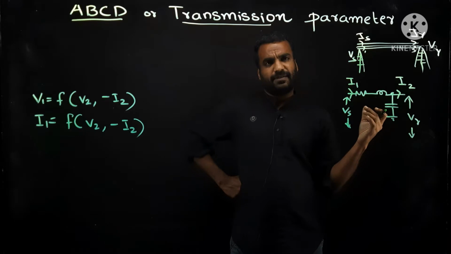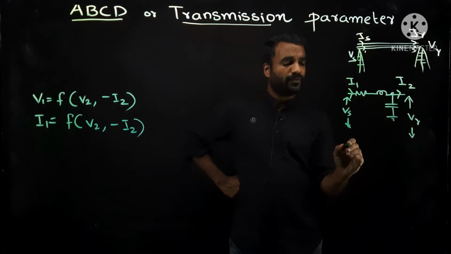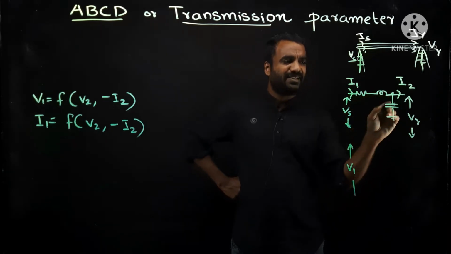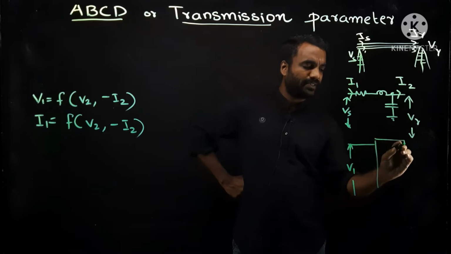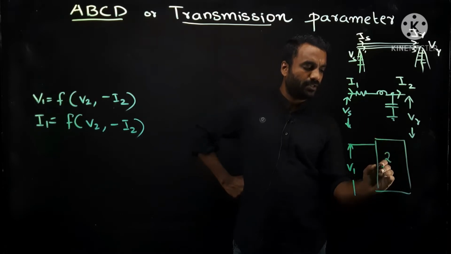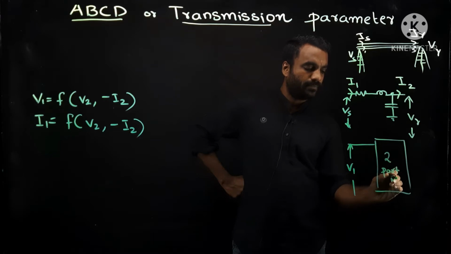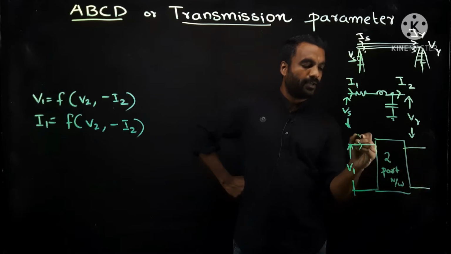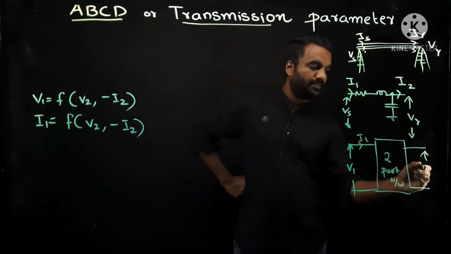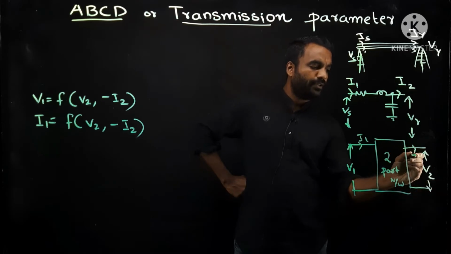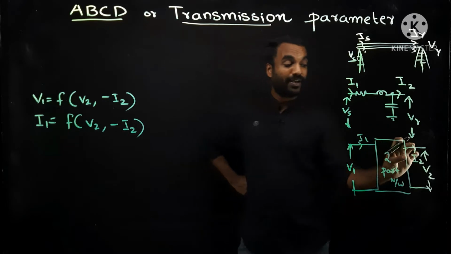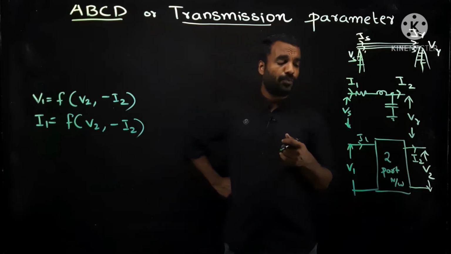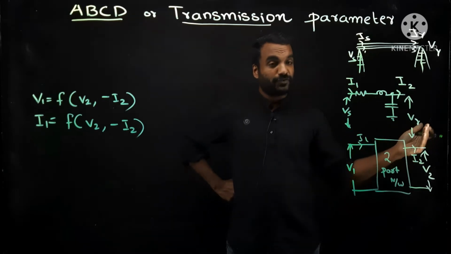So VS, VR are what we generally use, but for a two-port network we can also call them V1 and V2. Whatever is inside the network, we can draw as a box, a two-port network, with I1, and VR, the receiving end voltage, V2, and I2. But look, the direction of I2 is towards outside, whereas until now we discussed all two-port networks with I1 and I2 feeding towards inside.